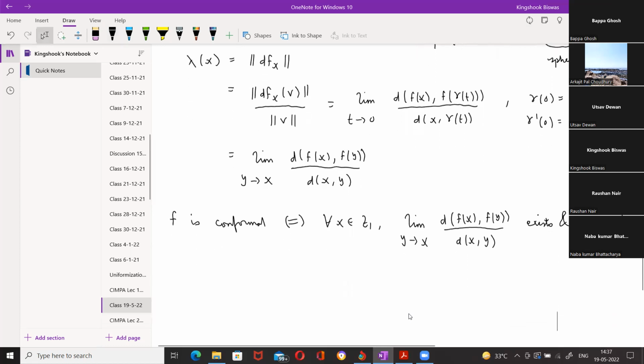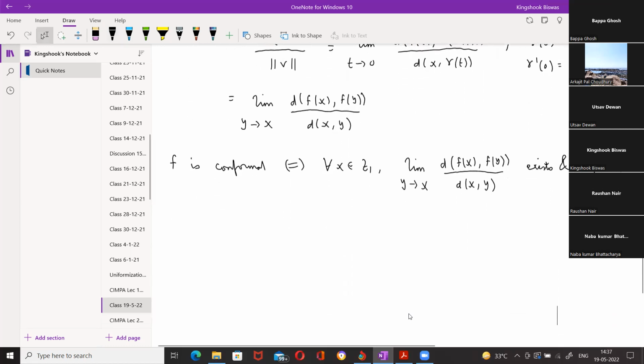Is this clear? Yes. Now, this last definition makes sense. It only depends on the metric d, on the distance function. So this makes sense for metric spaces, without any smooth structure.